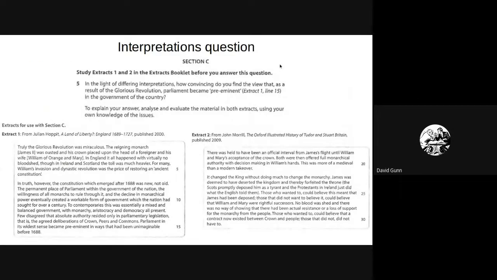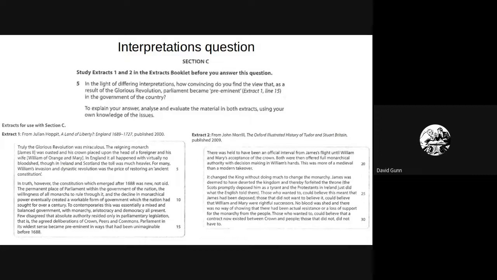Here's an interpretations question. The question is, how convincing do you find the view that as a result of the Glorious Revolution, Parliament became preeminent? Preeminent meaning the most significant, at the top of the government of the country. So Hoppit in extract 1 is saying that Parliament did become preeminent. The constitution which emerged after 1688 was new, not old.